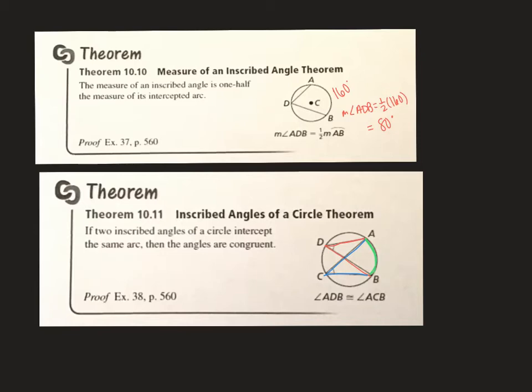So since they intercept the same arc, if this arc was 80 degrees, then this angle is 40 degrees by theorem 10, and this angle is 40 degrees by theorem 10. So angle ADB and angle ACB have to be congruent to each other.